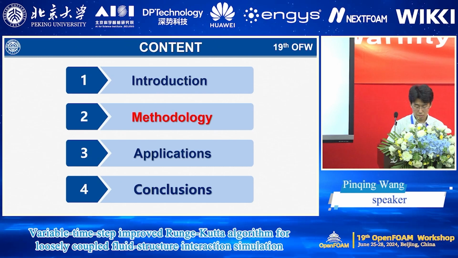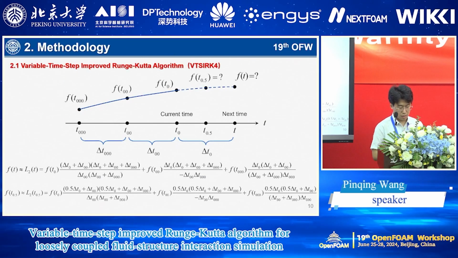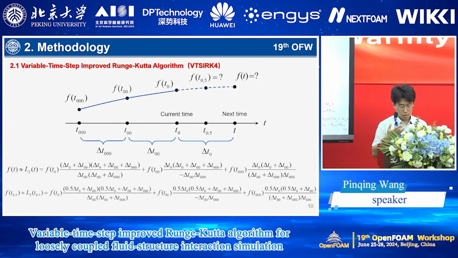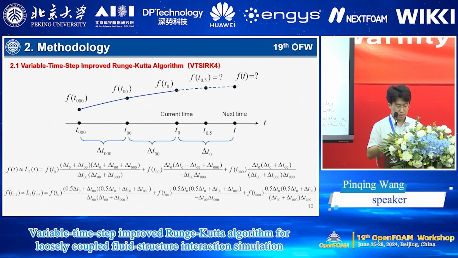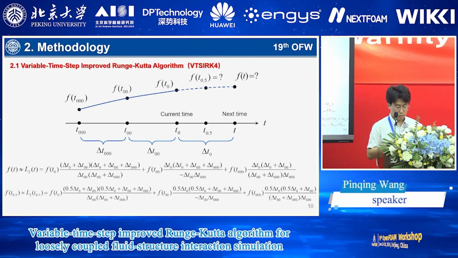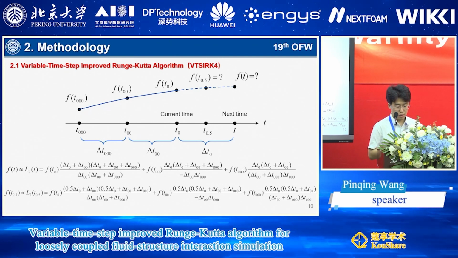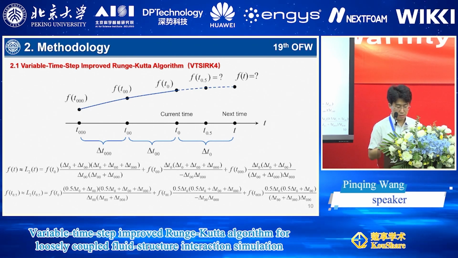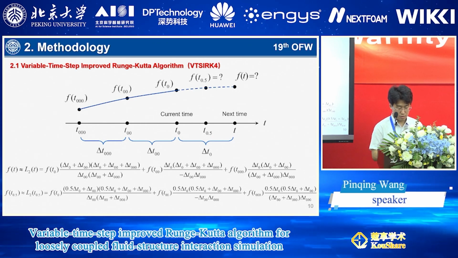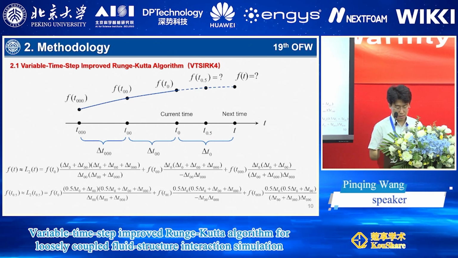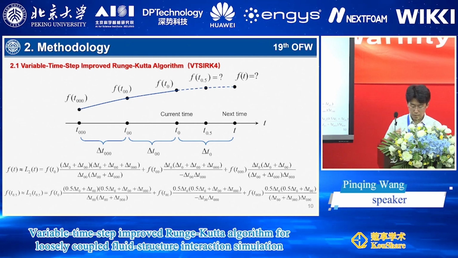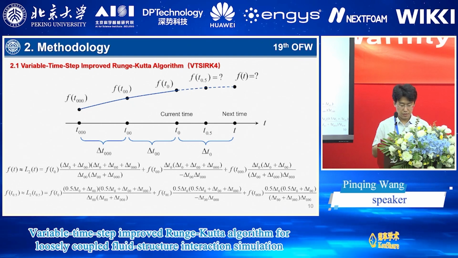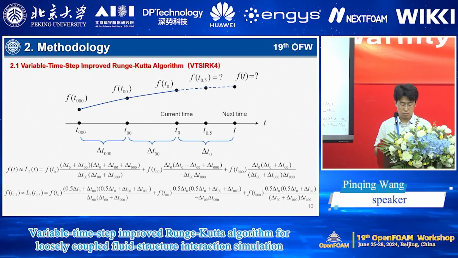In order to solve the problem, we propose a method: when the time step varies in real time, such as when it is determined by the max Courant number, we use the non-equal step Lagrange extrapolation to approximately describe the unknown aerodynamic force. We call this method the VTS IRK. Here is the equation, and when the time step is a fixed value, it comes back to the IRK.